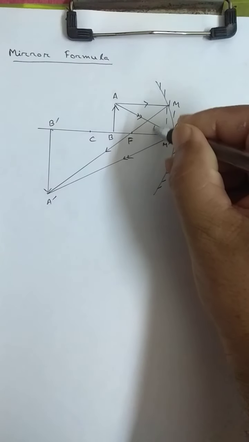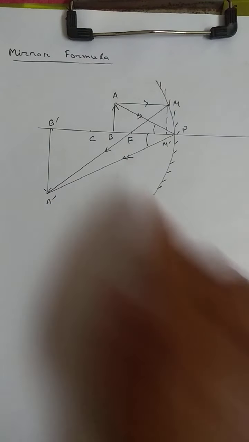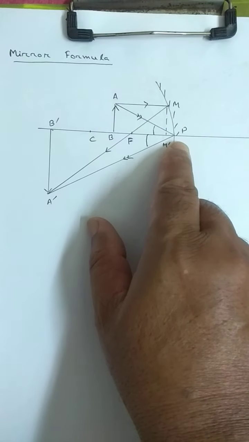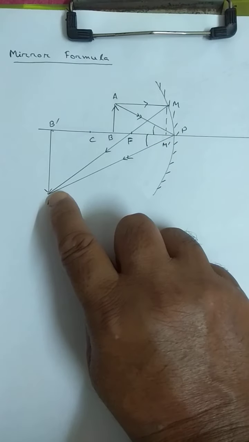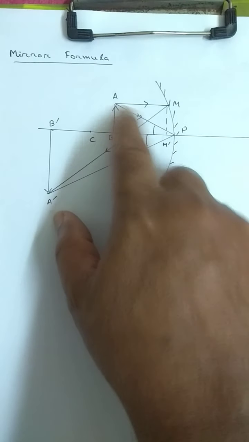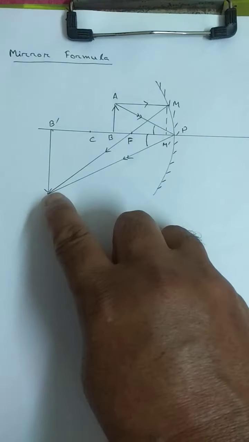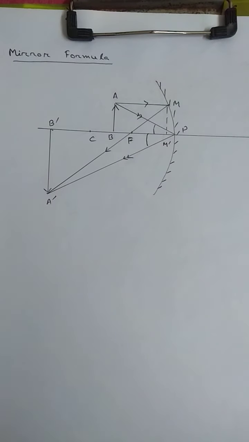That means this angle is equal to this angle. The second ray AP approaching towards the pole gets reflected from the mirror along the direction PA' obeying the law of reflection. That means angle APB becomes equal to angle A'PB'. These two angles are equal. Angle of incidence is angle of reflection.